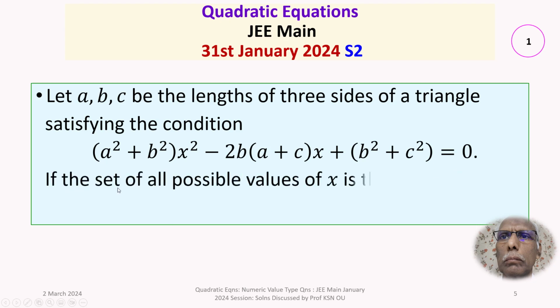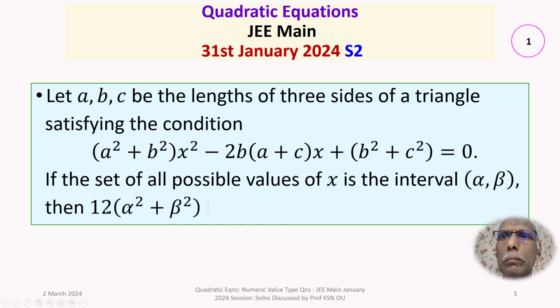If the set of all possible values of x is the open interval alpha to beta, then 12 times (alpha square plus beta square) is equal to.